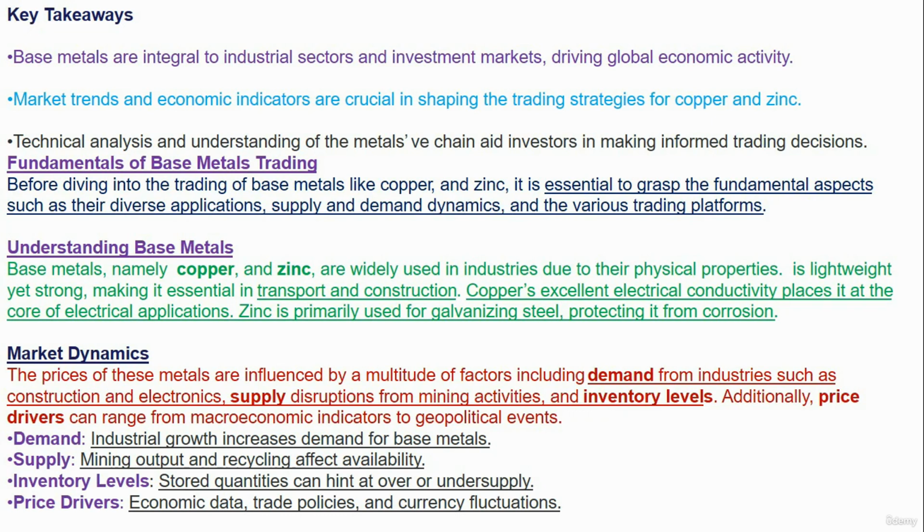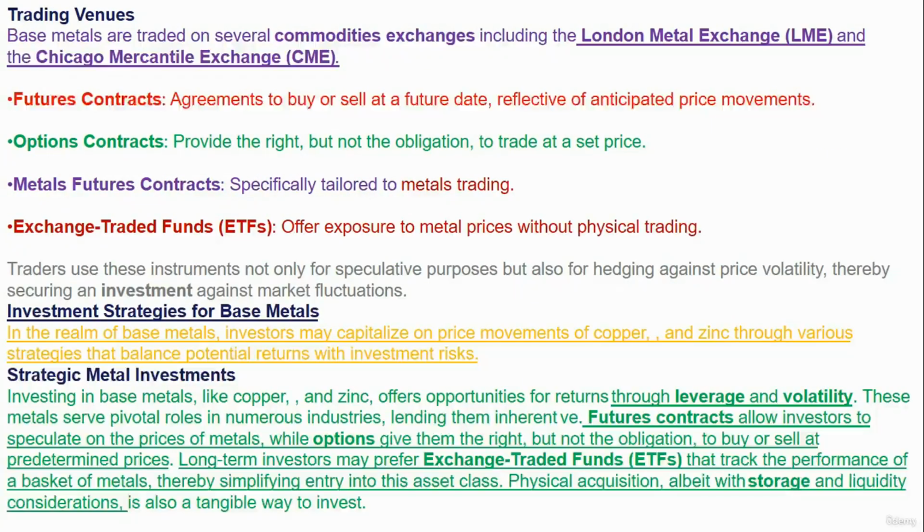And the price drivers are trade policies of the world or country which is dominating in the metal. Economic data is really important, and this depends upon currency fluctuation also. So metals are traded on the London Metal Exchange and CME.